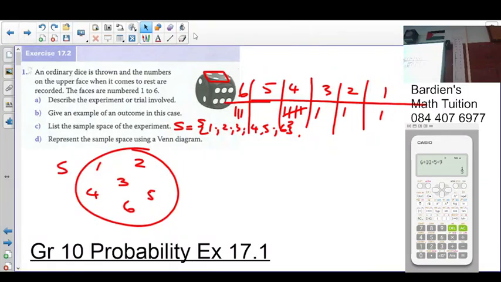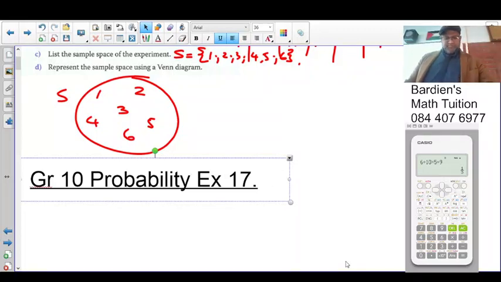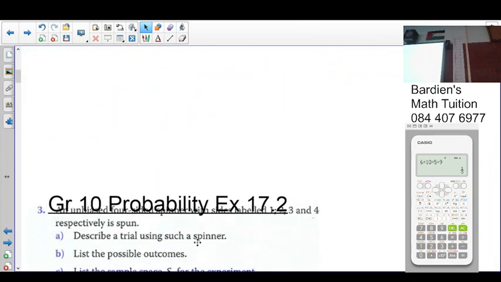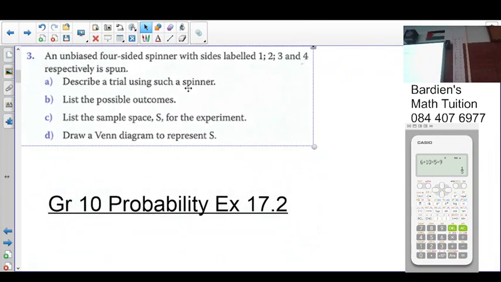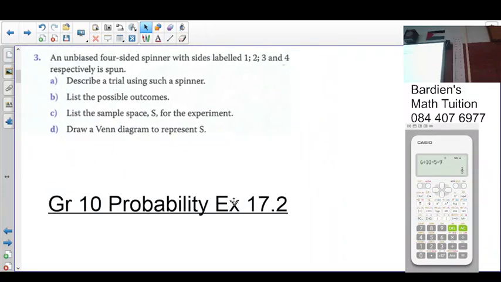Do you guys understand? Right. Let's look at 17.2, number 3. An unbiased four-sided spinner labeled 1, 2, 3, and 4.